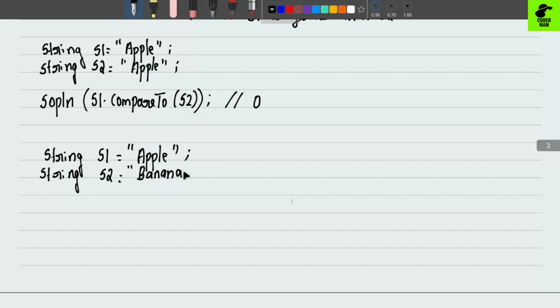Now what is the answer? That means System.out.println s1.compareTo(s2).